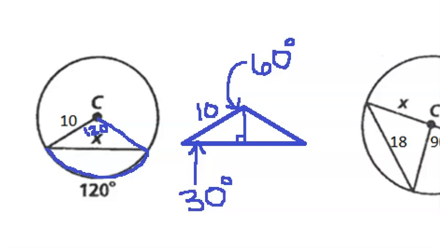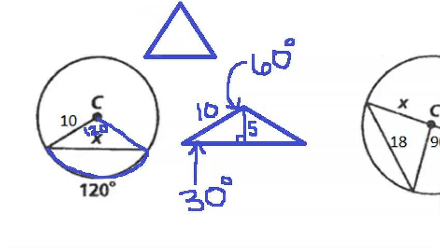Now, in case you forgot, the rule behind a 30, 60, 90 triangle is that it is really just half of an equilateral triangle, which means this is going to be half of 10 right here. The shortest side is always half as big as the longest side because it really was just an equilateral triangle cut in half.